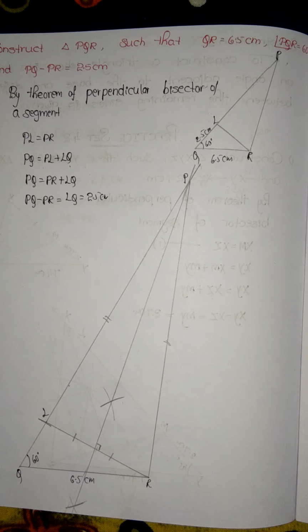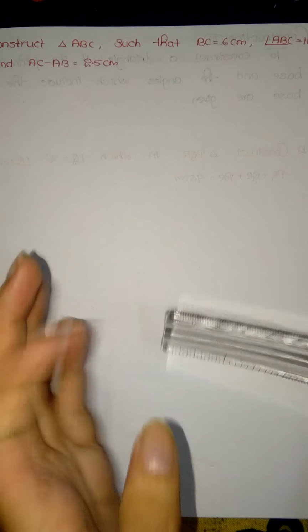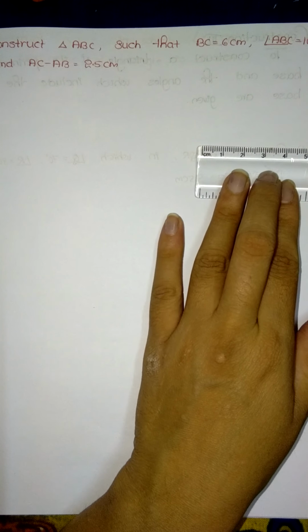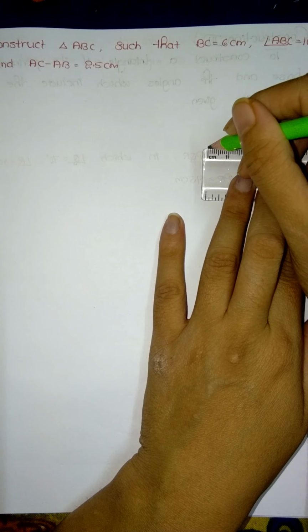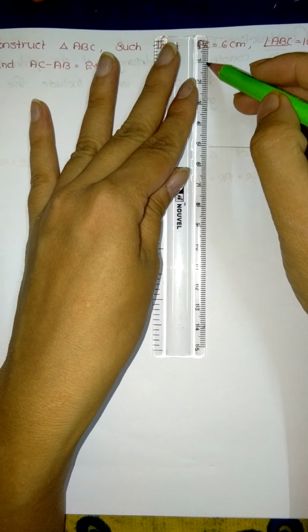Next, move on to question number 3. Construct triangle ABC such that BC is equal to 6 cm, angle ABC equal to 100 degree, and AC minus AB equal to 2.5 centimeter. So here the rough diagram comes like this. Here 6 centimeter and this is the angle 100 degree.